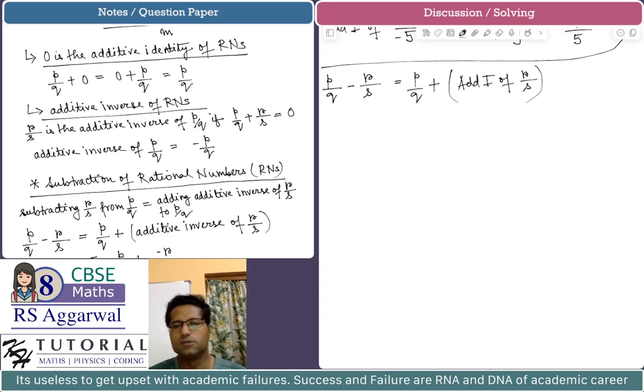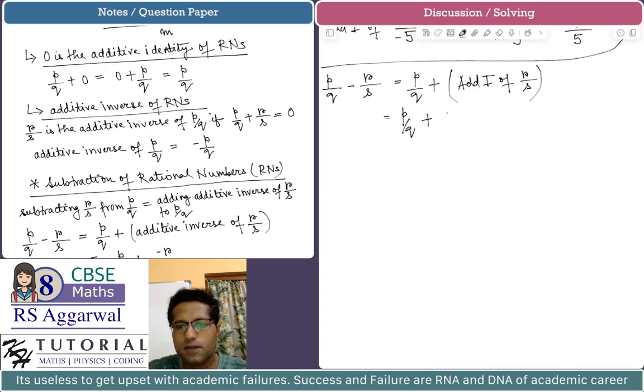So this is the main concept. We are subtracting the rational number r by s from the rational number p by q. So it is p by q minus r by s. This will be equal to p by q plus the additive inverse of r by s. What is the additive inverse of r by s?